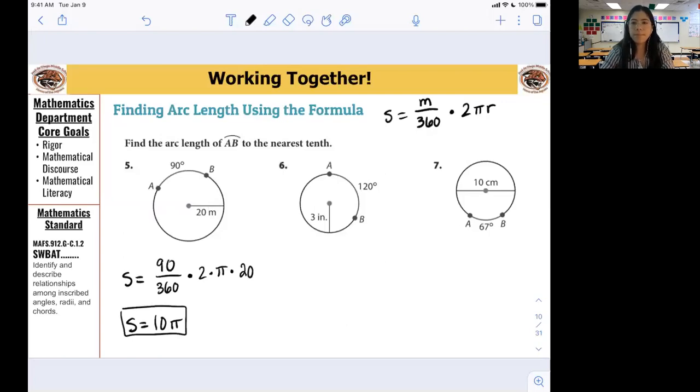Take about 1 more minute. And round it like it says, to the nearest tenth.